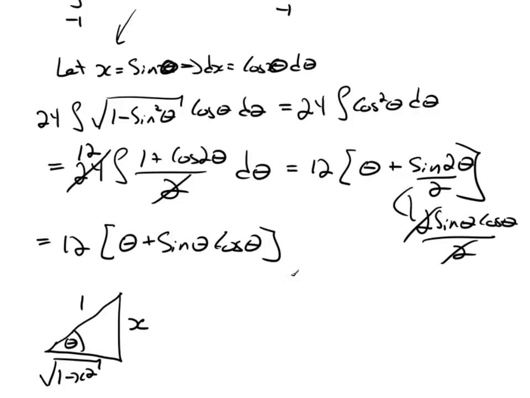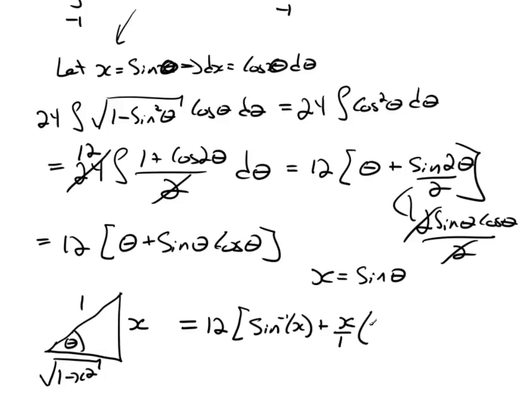And I'm going to write this over here really quickly. We said x equals sine theta, right? So that means that what I end up with as a solution for this piece is 12 times, I need to get back to x's now, 12 times theta. Well, theta is going to be arc sine of x plus sine theta, which is x over 1, times cosine theta, which is square root of 1 minus x squared.